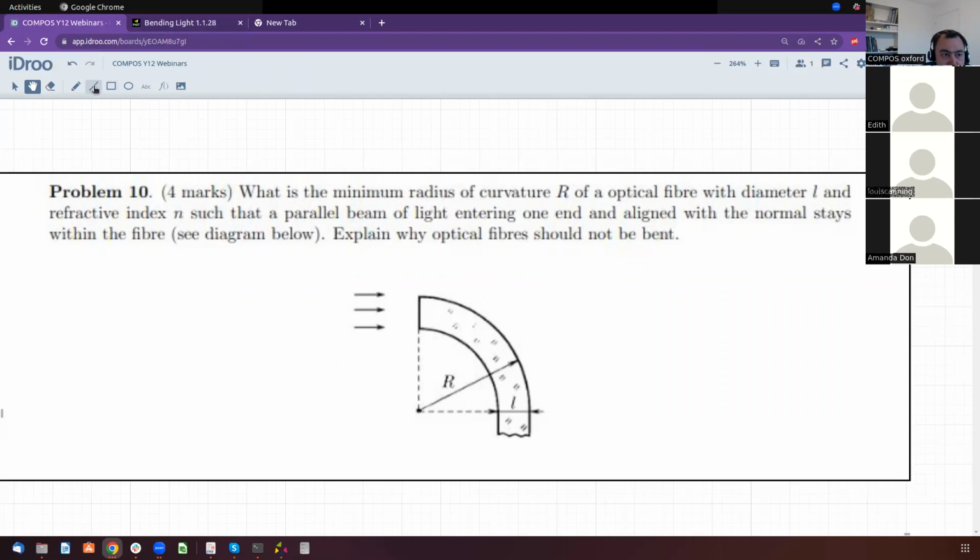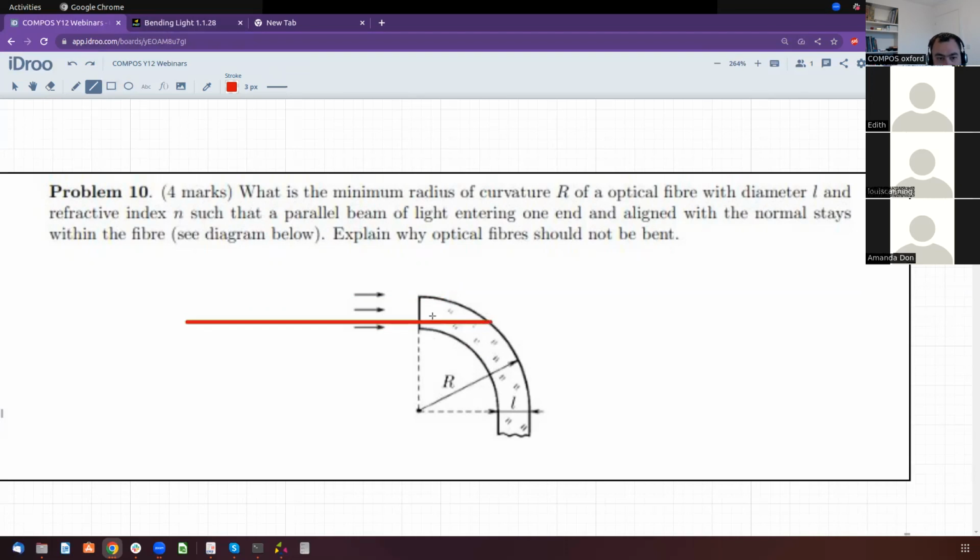Okay. So let's have a look. Well, if a ray hits like this, it's almost certain that it will be reflected back into the fiber, because the angle of incidence is close to 90 degrees here. But let's look at the other extreme point. The other extreme point is here.